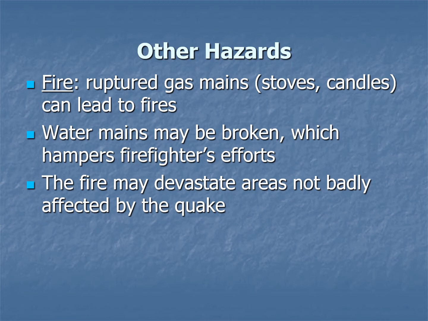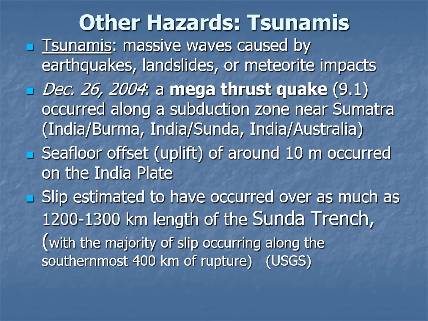So fires easily start, and then they can be hard to put out because not only do gas mains rupture, water mains can rupture, and then the firefighters have no water pressure to fight the fire. So fires may devastate areas that were not badly affected by the quake, and this happened in the 1906 earthquake. This also happened to some degree in the 1989 Loma Prieta quake, which was also in the San Francisco area.